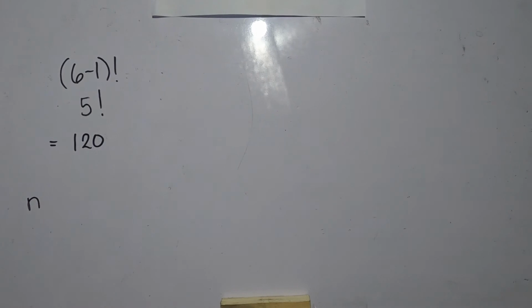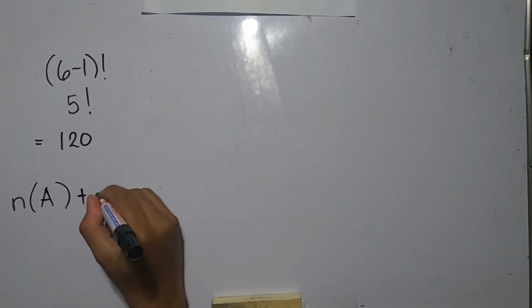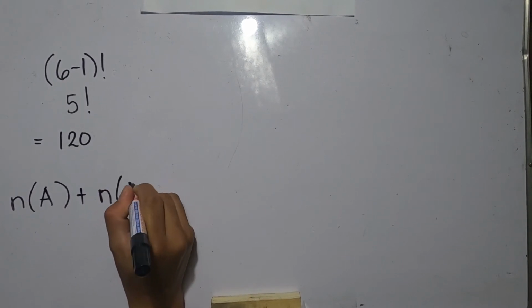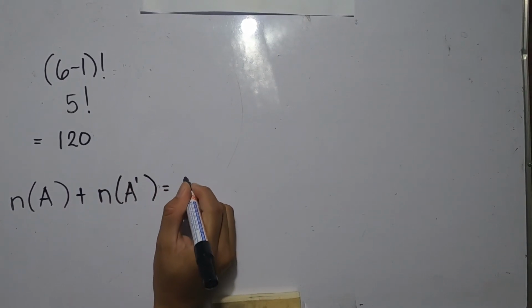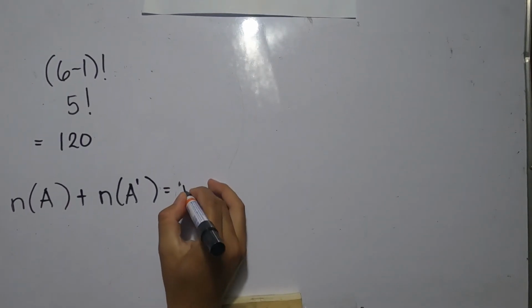In symbol, that is n of a plus n of a prime must be equal to the total number of ways, or n of t.